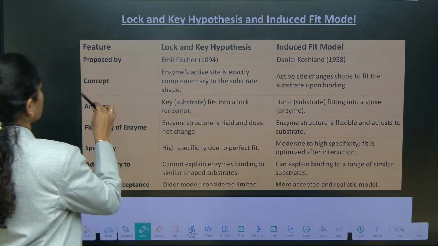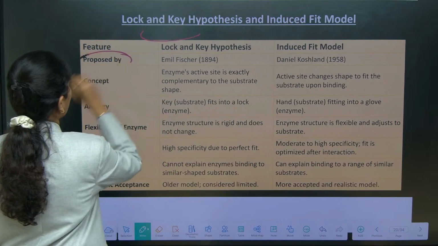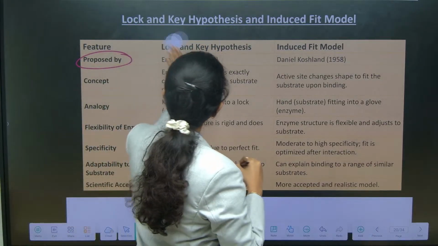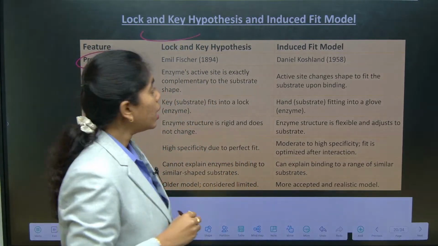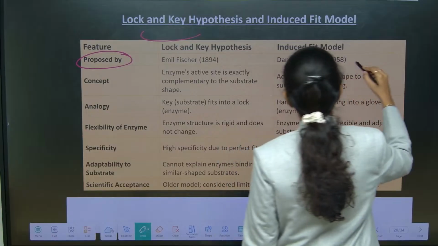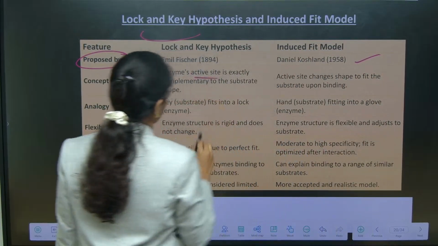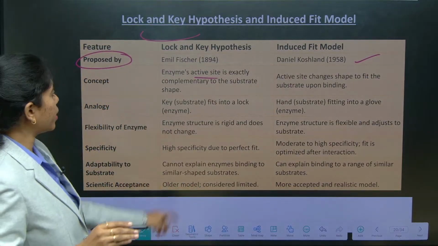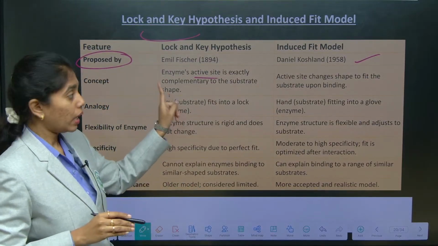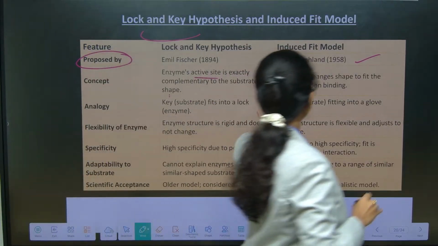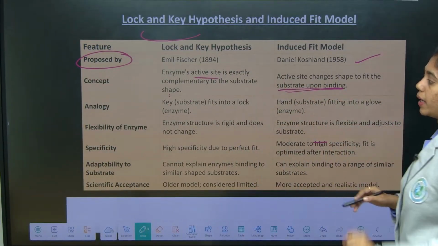Here we go. First, the lock and key hypothesis is proposed by whom? M.L. Fisher, right? Induced fit model is proposed by Daniel Koshland. The concept says the enzyme active site is exactly complementary to the substrate's shape, but here the active site will change shape to fit the substrate by binding.